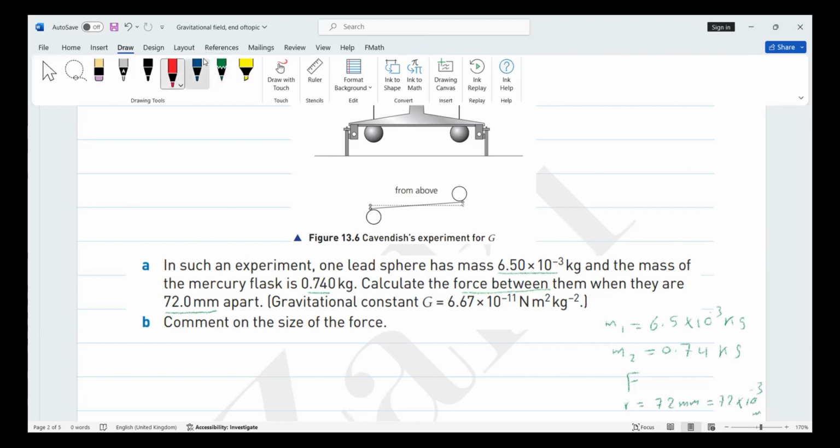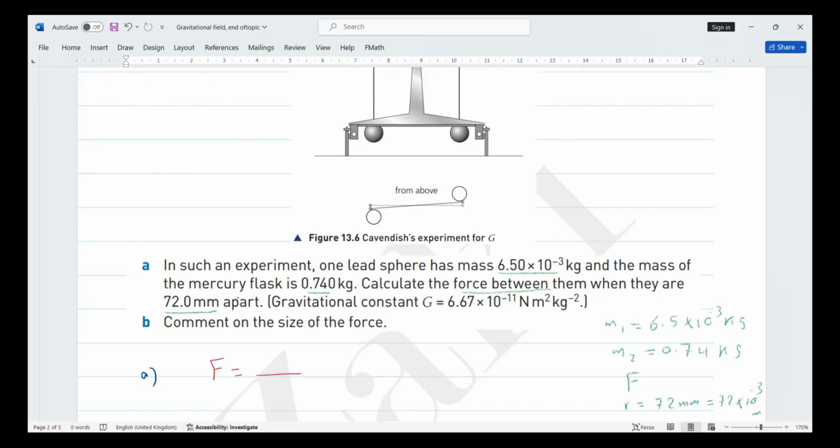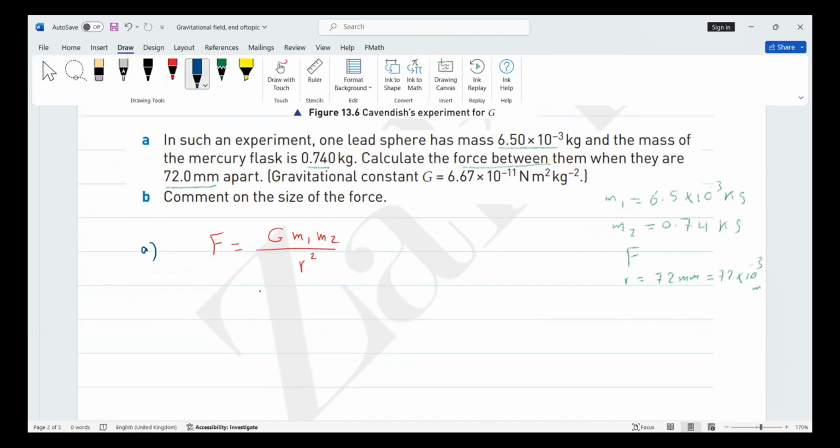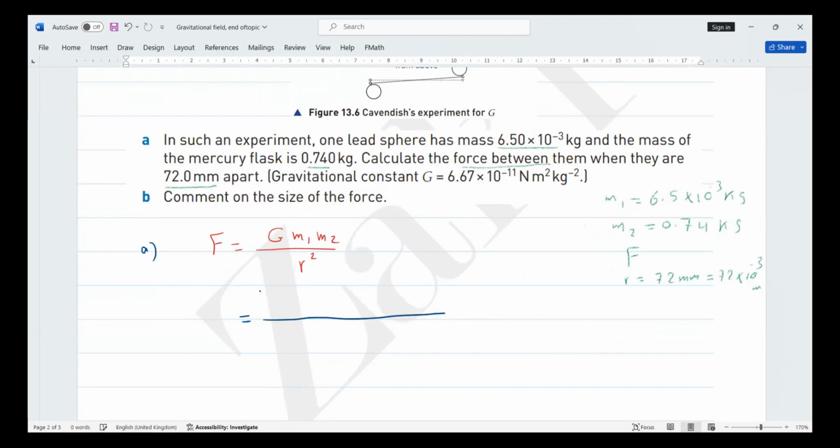What is the formula that we will use for part A? Newton's law of gravitation, F equals G M1 M2 over R squared. Then we substitute. G capital is the gravitational constant, 6.67 multiplied by 10 power negative 11.